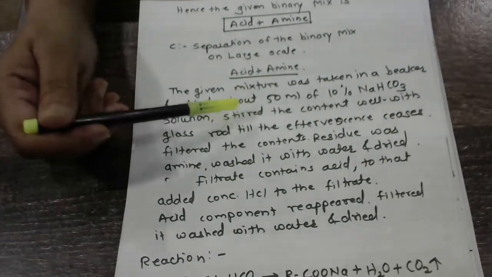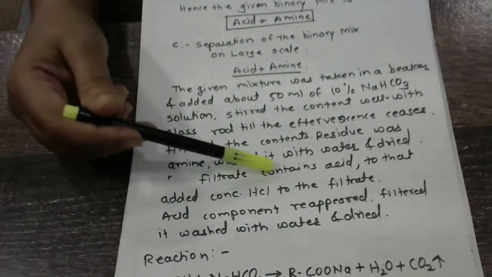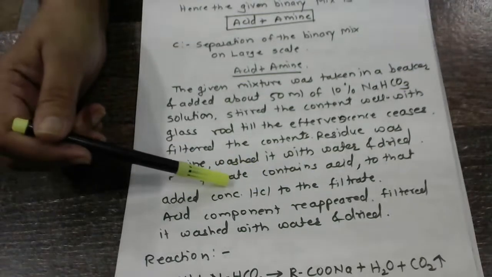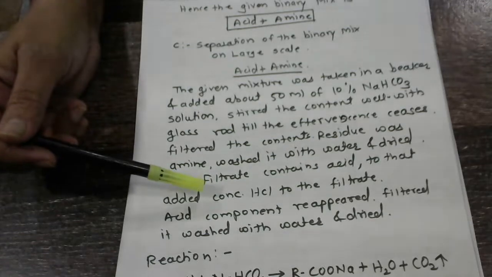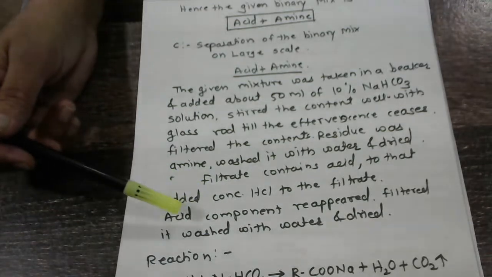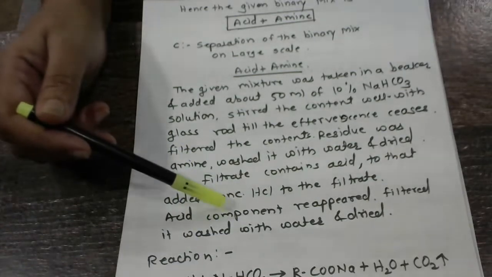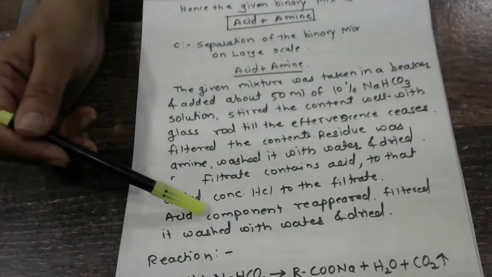Filter the contents, and the residue is washed with water and dried. Now the filtrate contains our acid, so to that we add concentrated HCl. The acid reappears in solid form, that is, a precipitate. Again filter it, wash with water and dry. So here we get the solid acid, which is separated from the binary mixture.